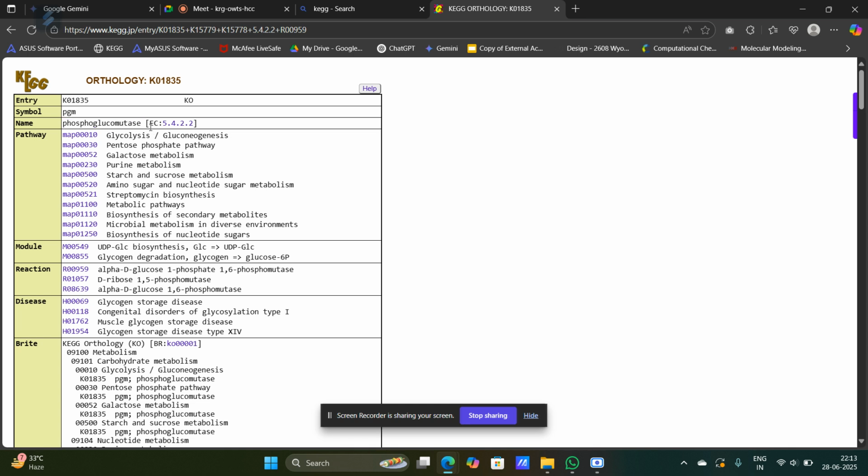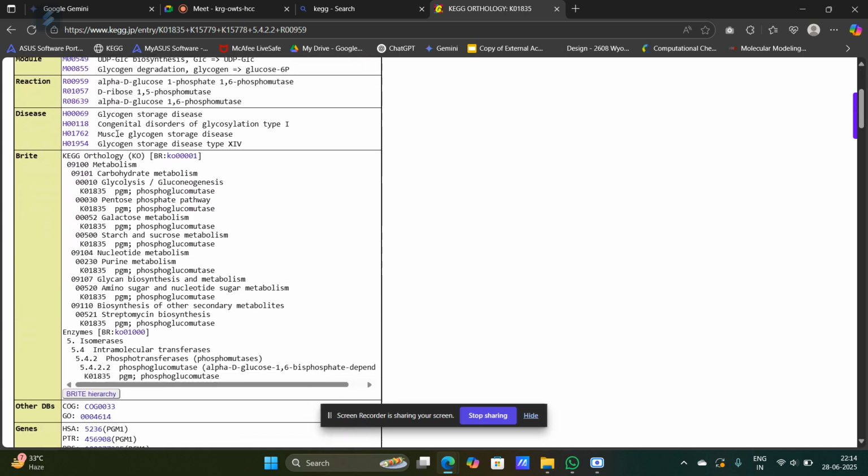Its representation ID is 5.4.2.2, the chemical name is phosphoglucomutase, it has a symbol, PGM, and an orthology ID, K01835.